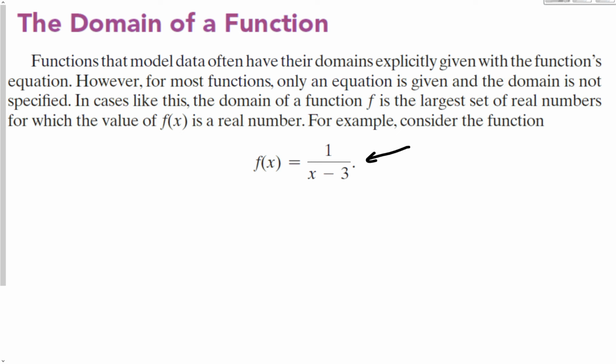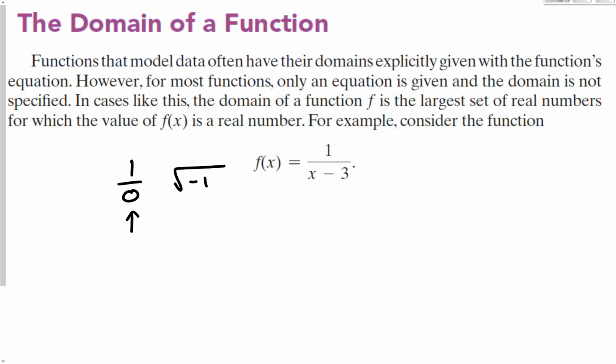In this case, the domain of a function f is the largest set of real numbers for which the value of f of x is a real number. So let's look at this function down here at the bottom. The domain of this function is everywhere that the function is defined. For most functions, that's all real numbers, except for usually division by 0 or having negative numbers underneath the radical.